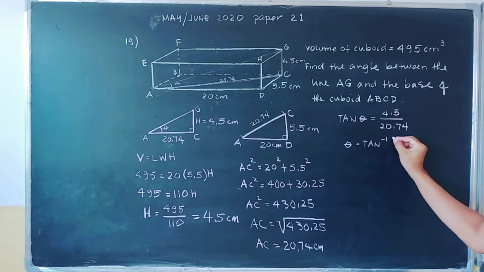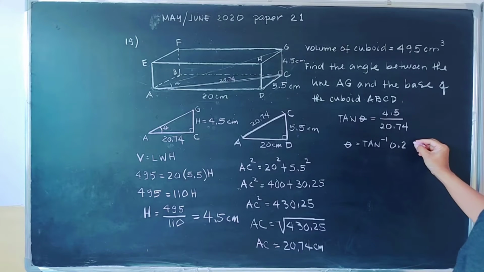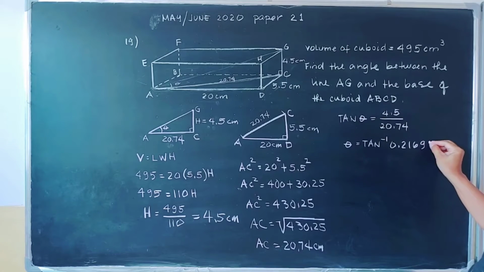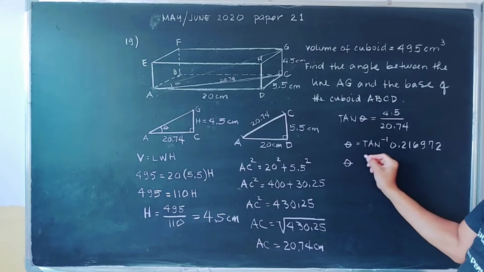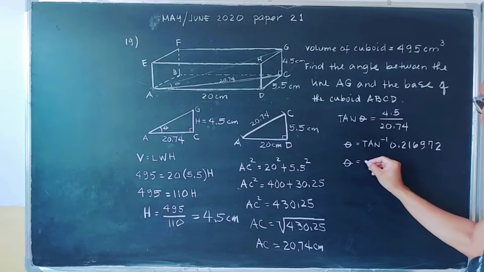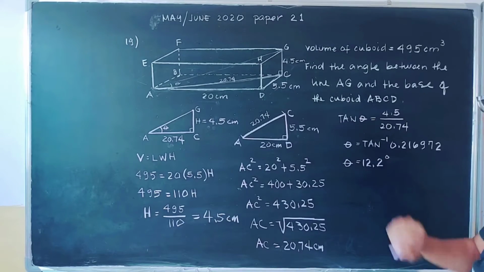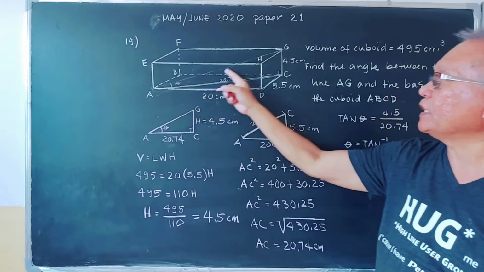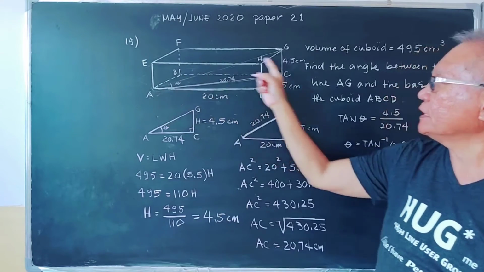If you divide this one by 20.74, we have 0.21697, and then shift tangent, and this will give us 12.2 degrees. That's the angle of line AG with the base of our cuboid ABCD.